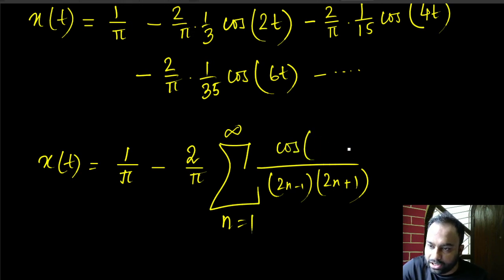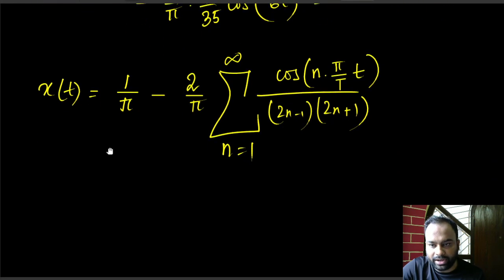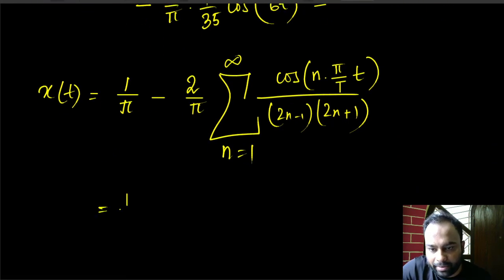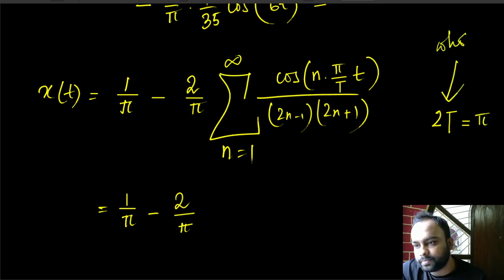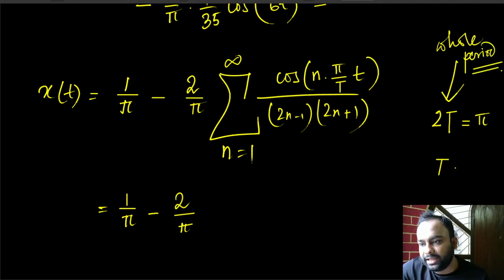In fact, this is cos 2n pi by capital T into t, right? That is what it is, right? But in this example, in this question, for this particular signal, capital 2T is pi, so that's the whole period, right? So capital T is pi by 2. Again, I am emphasizing this thing.